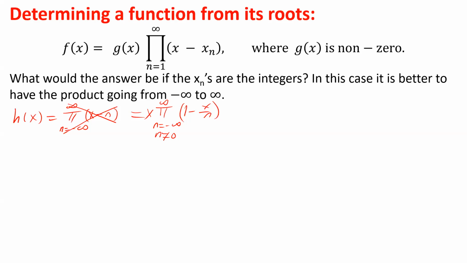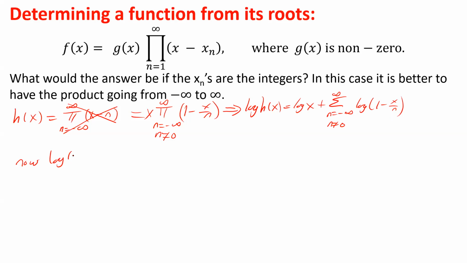Maybe take a logarithm. Yes, right. If you're in a class with Miller and there's a product, take a logarithm. So the log of h of x would be the log of x plus the sum, n from minus infinity to infinity, n not equal to 0, of the log of 1 minus x over n.